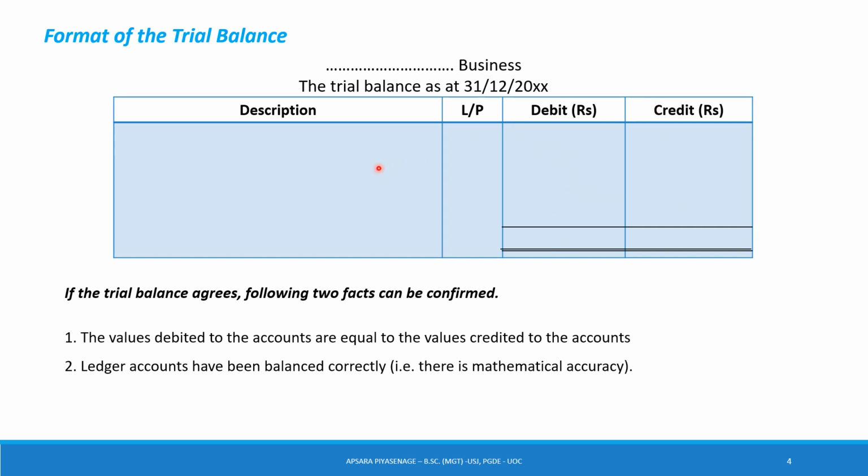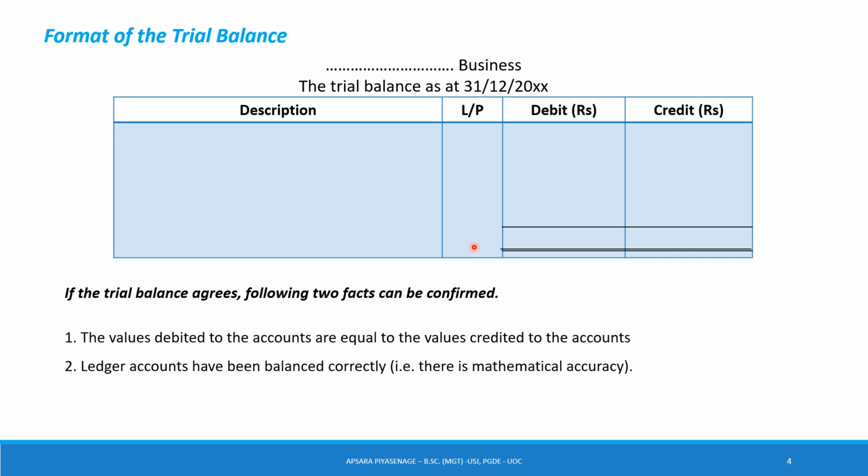So after recording all the balances from the ledger accounts, you have to get the total here, debit total and credit total. So if you have recorded all the transactions and all the balances properly and correctly, these two balances should be equal.